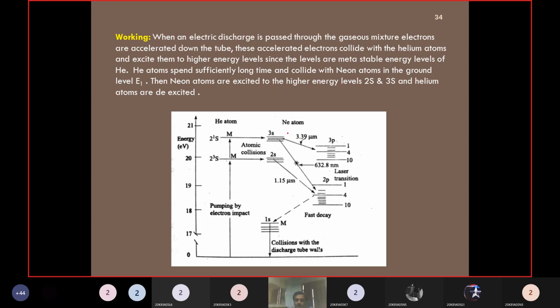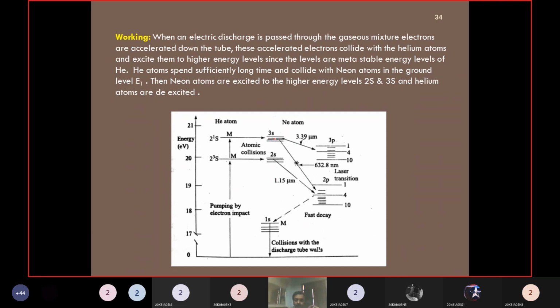Those selection rules are delta n equal to 0 or 1 only, where delta n means the principal quantum number, and delta L equal to plus or minus 1, where delta L means the azimuthal quantum number. If those selection rules are satisfied, then only lasing action takes place.